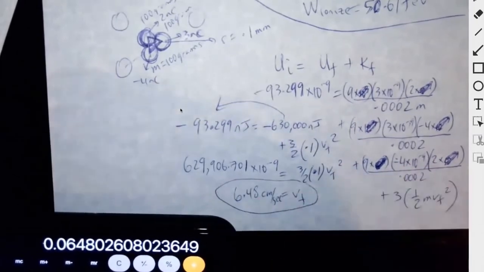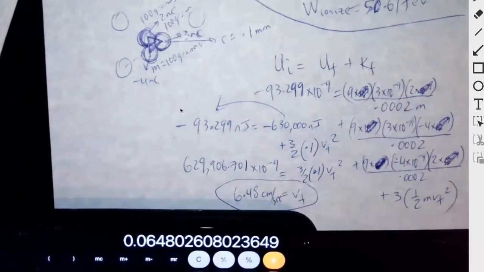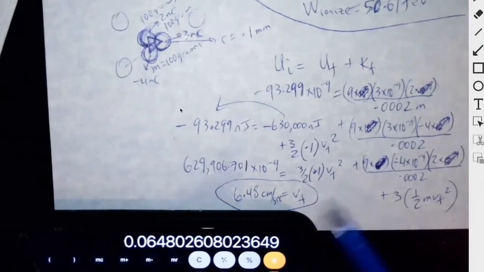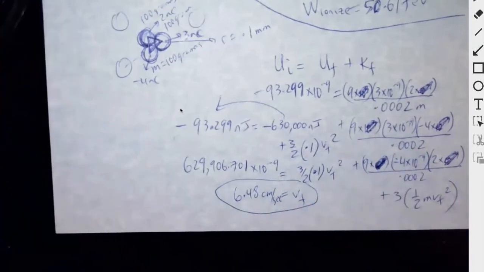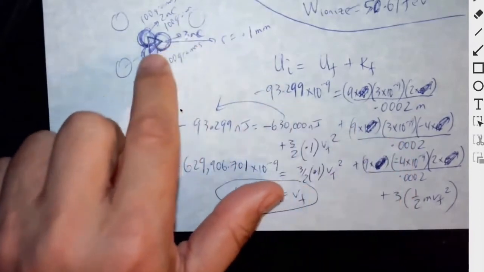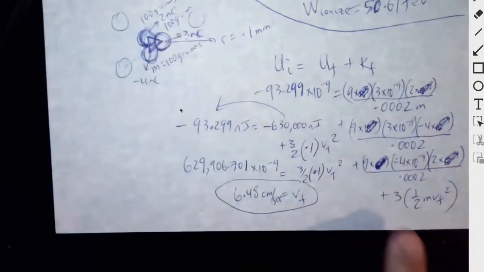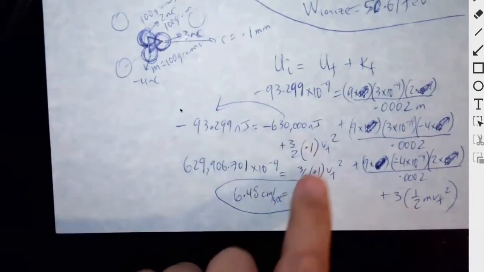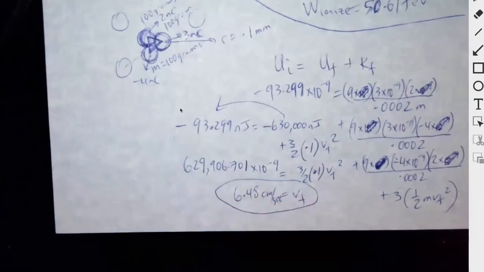That's a great unit for this, you see. So this is 0.0648 meters per second. Then you go 2 units to the right, 1, 2. 6.48 centimeter per second. That's how fast they're going when they collide. Really good problem there. So initial potential energy, the final potential energy between their centers, and then 3 times their kinetic energy. Okay, and then that's it. You solve for v final.